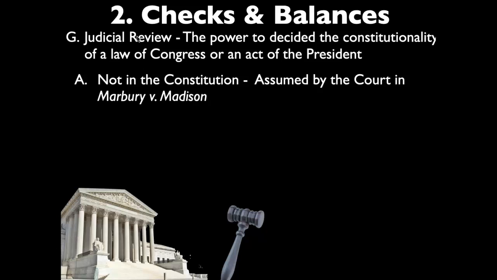Actually, it isn't in the text, but it's implied and is assumed in a very important court case called Marbury v. Madison. Now, I'm not going to go into the details in that case because it'll make you go cross-eyed, but just know this is the case that established the power of the judicial branch, namely the Supreme Court, to review the constitutionality of laws.